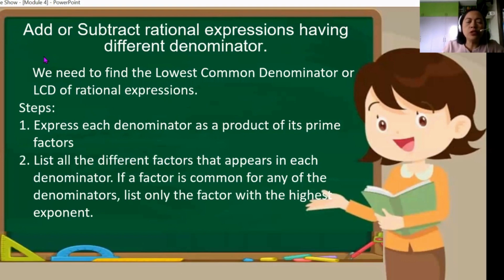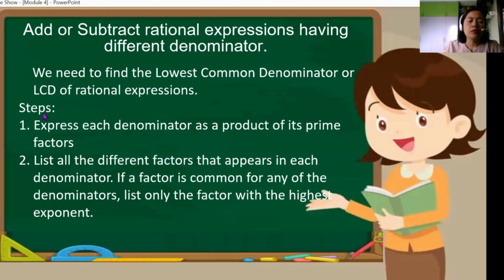Now, we will proceed to adding or subtracting rational expressions having different denominators naman ngayon. Pag nagsasubtract tayo, nag-a-add ng expressions na hindi magkaparehas yung denominator, we need to find the lowest common denominator or LCD of rational expressions. Okay?